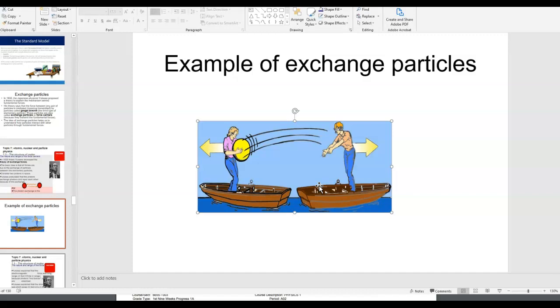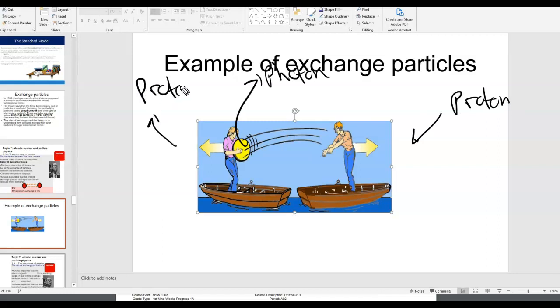So if you imagine that analogy being true, by exchanging this exchange particle, which in this case would be a photon, and each of these people would represent a proton or an electron, depending on what you're talking about repelling. By throwing this photon back and forth, that's how two protons know that, hey, I'm supposed to repel the other one. So that's the idea behind exchange particles.